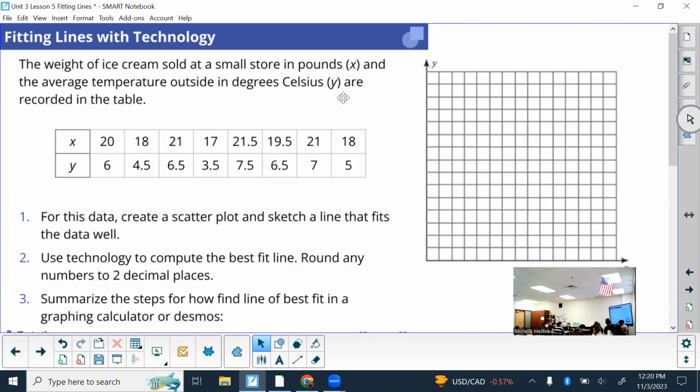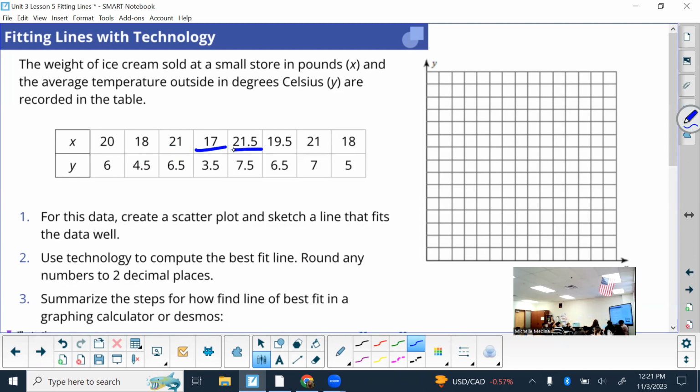For this data, you're gonna make a scatter plot by hand at first, at least. They didn't provide you a scatter plot, but I provided you one. Now, you have to decide what you want the tick marks to go up by. So if for the X's, my values go from the smallest is 17, my highest is about 22.